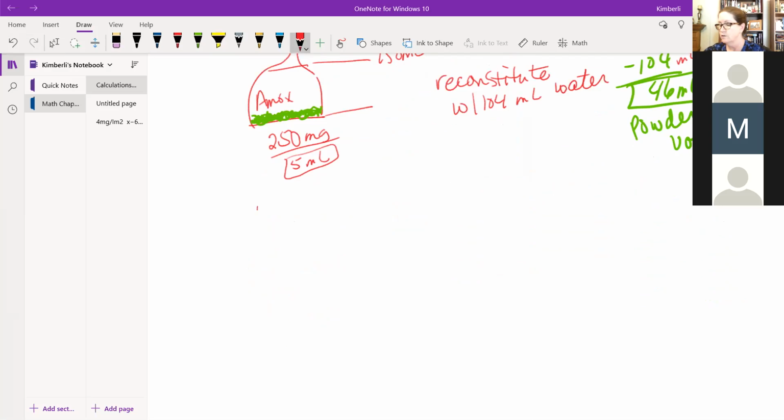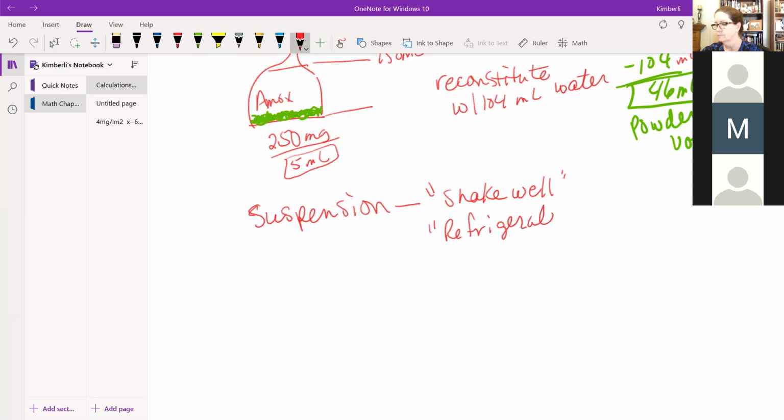So with the suspension, they always need a shake well sticker. Okay, so that's your auxiliary label. It has to say shake well. Now, some of these need to be refrigerated and some don't. So you might also need a refrigerate sticker.